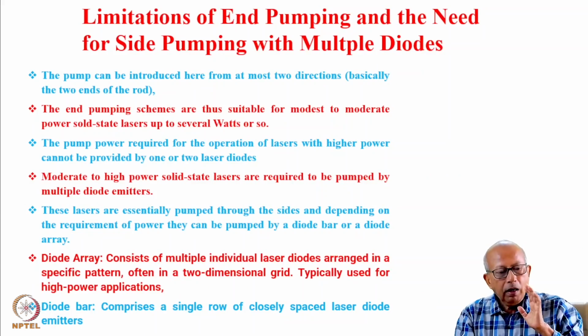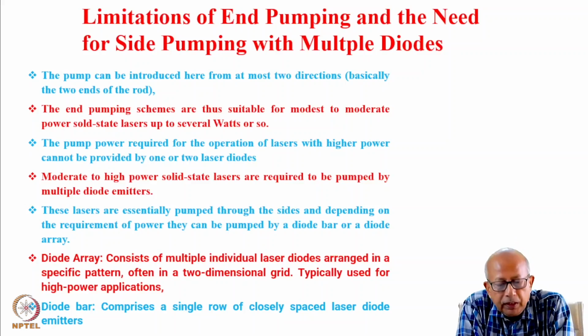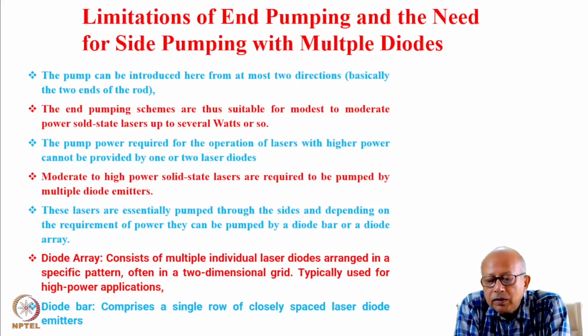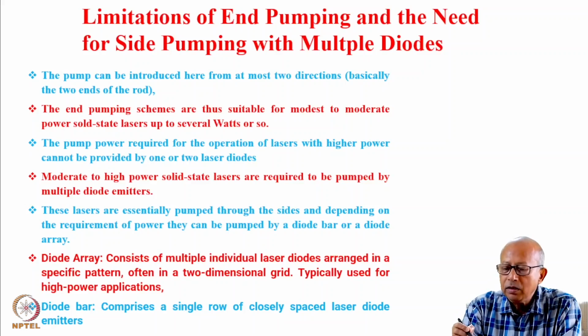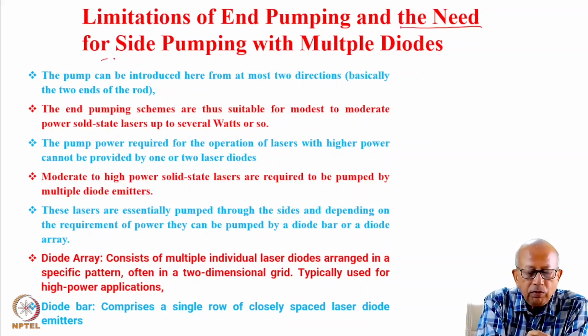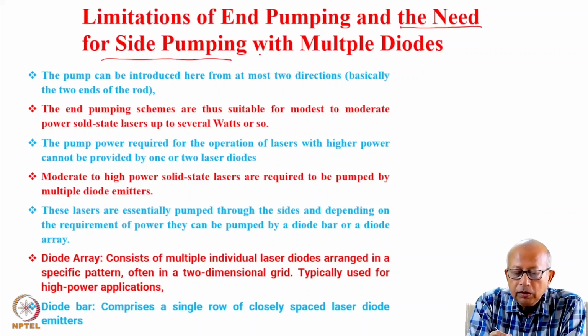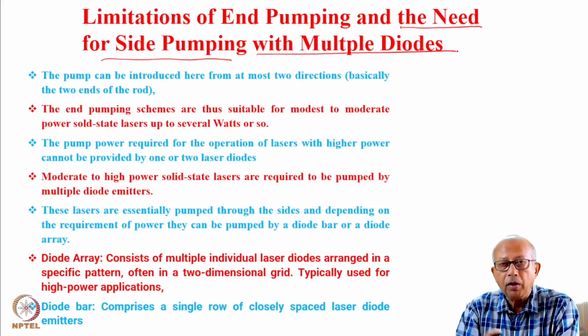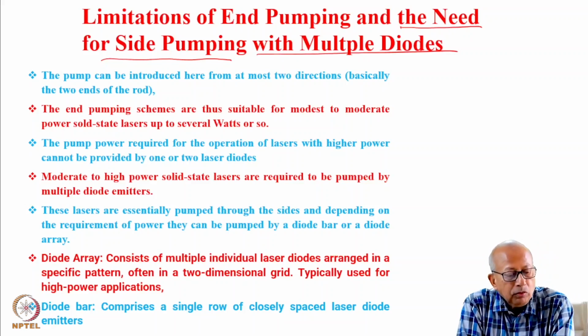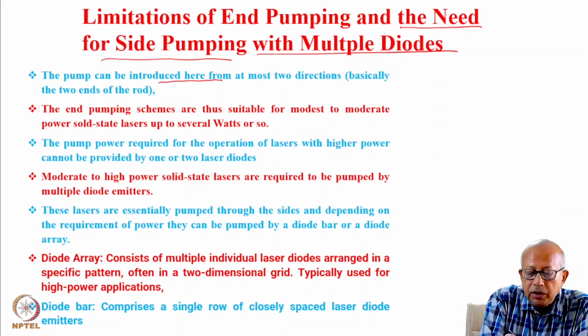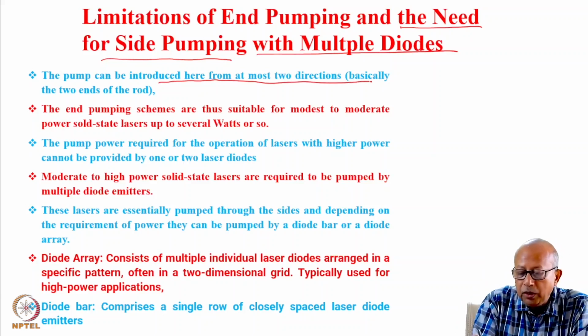However, there are some limitations of end pumping, and let us see what they are. We will also try to understand the need for side pumping that is possible with multiple diodes. Why do you need that? You see, the pump can be introduced from at most two directions, basically the two ends of the rod.